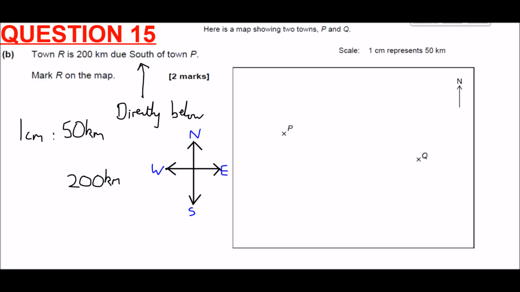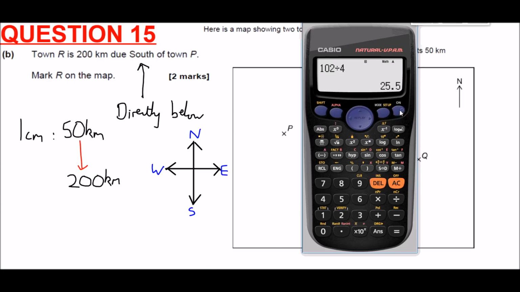Another way of putting this is, what would I need to multiply 50 by to get 200? How many 50s fit into 200, you could think? Well, we can work this out directly on a calculator by doing 200 divided by 50. You may have spotted it's 4.